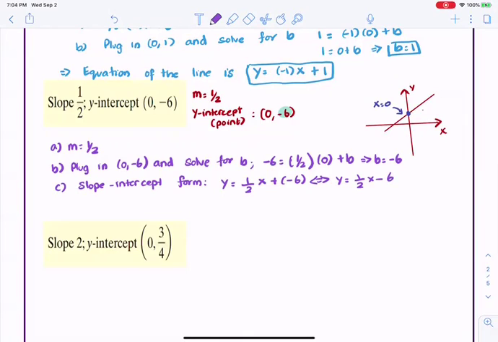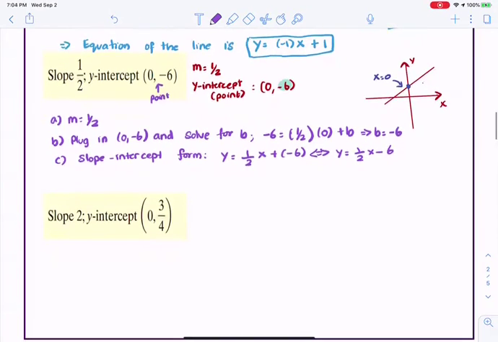Now I have a point, I have a slope. So I could directly write this in point slope form. So the formula is y minus y1 is equal to m times x minus x1.